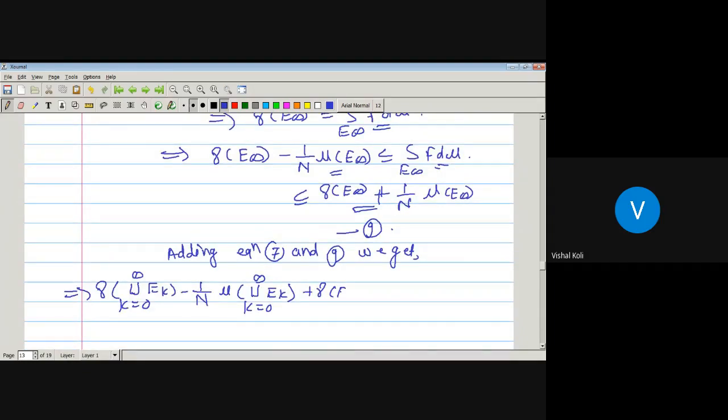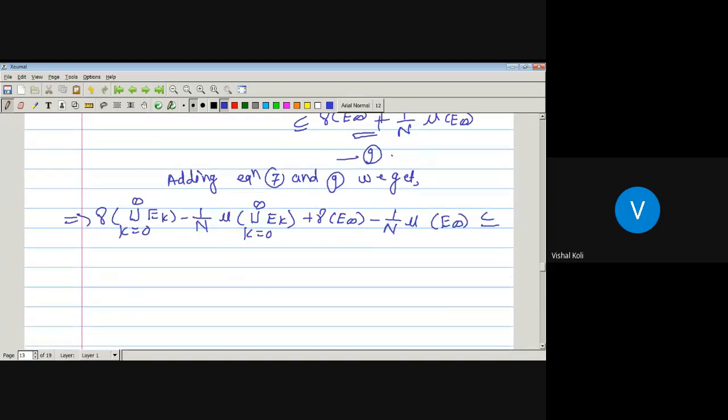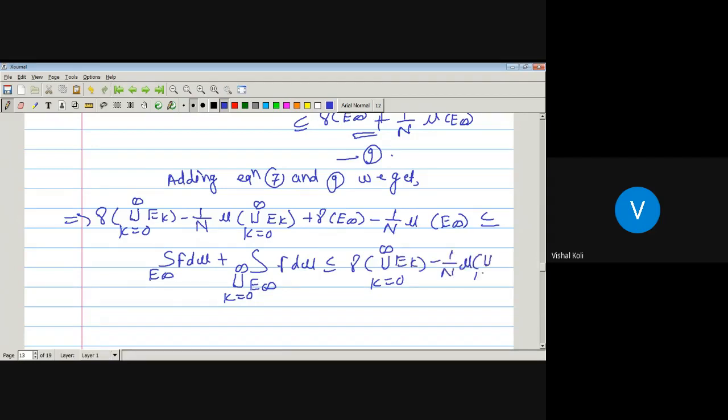Plus gamma of E infinity minus 1 by n measure of E infinity, which is less than or equal to, as we have just taken the addition, the integration over set E infinity of f d mu plus the integration over the union over k running from 0 to infinity of Ek of f d mu, which is less than or equal to gamma of the union over k running from 0 to infinity of Ek minus 1 by n measure of the union of Ek, and here we get gamma of E infinity plus 1 by n measure of E infinity.